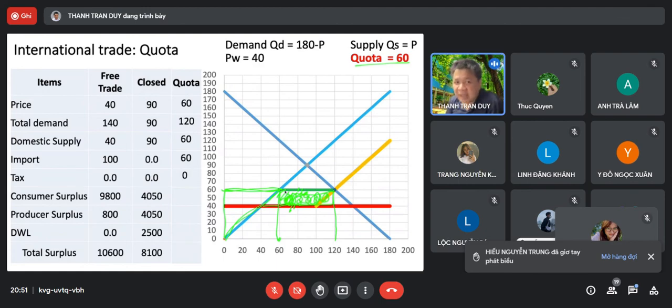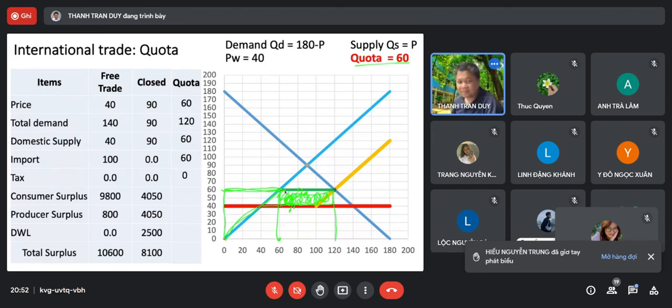Come back to the case of Vietnam. Vietnam cannot produce all of this, right? So they import and they sell. They have the right to import and sell, and when they have that right, they earn the difference between the price they sell at and the price they import at.